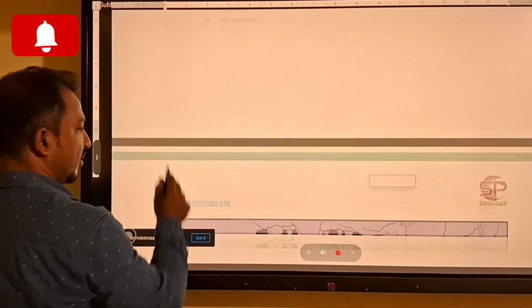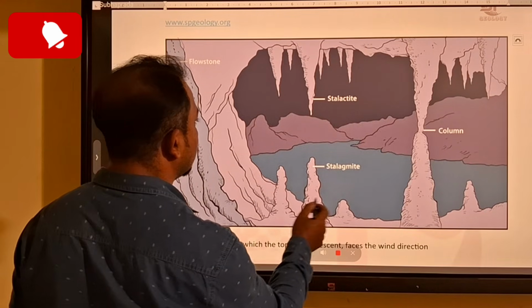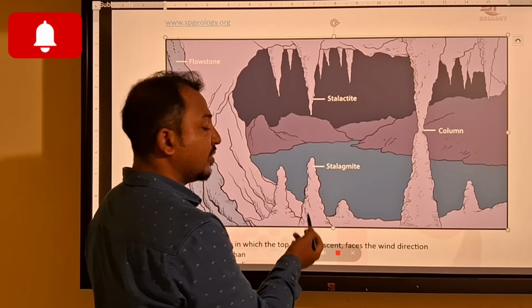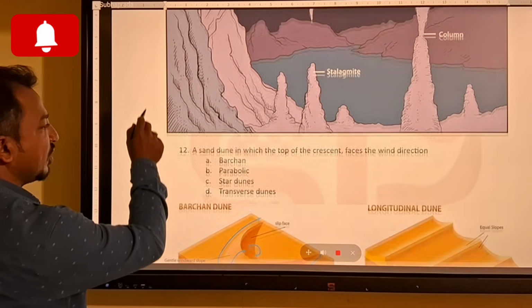You can see a diagram here also, where this is your stalagmite from the floor, this is a stalactite from the roof, then the column when they intersect or join with each other.